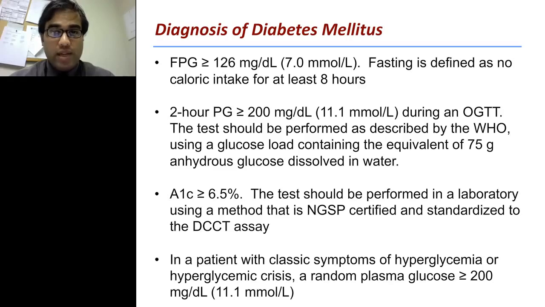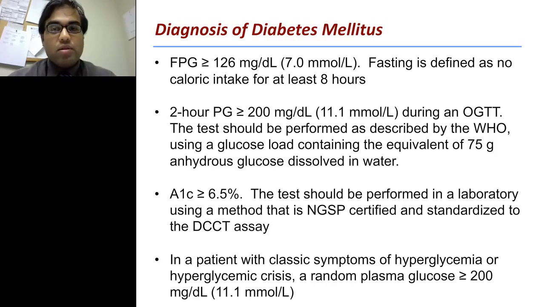And this is great because this allows individuals not to need to be fasting or have to go through an oral glucose load. The one caveat is that the test is still being refined and it needs to be performed in a certified laboratory and in a standardized fashion.